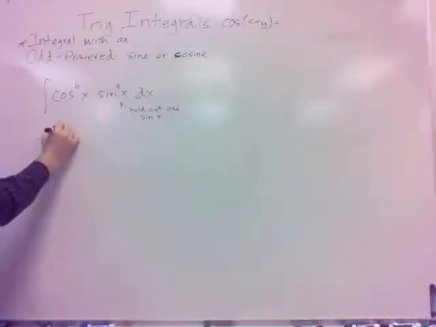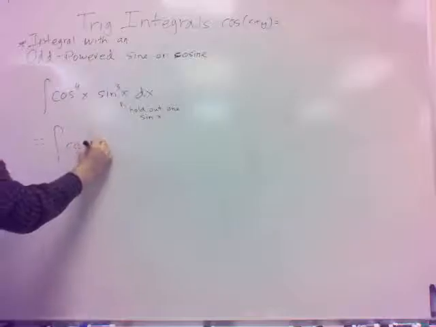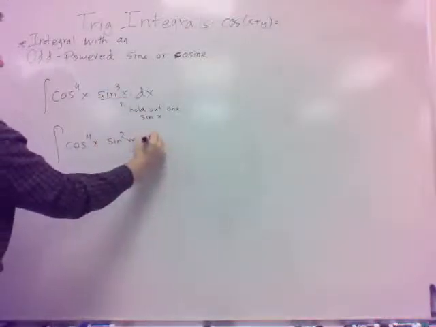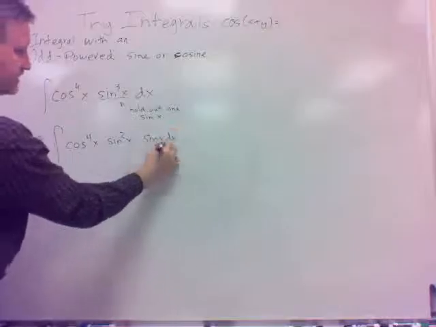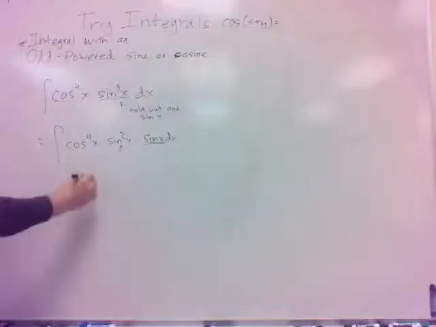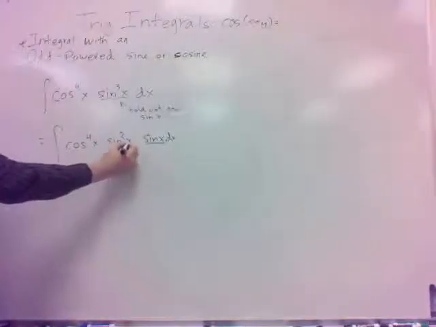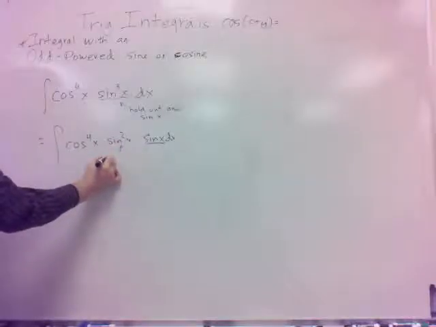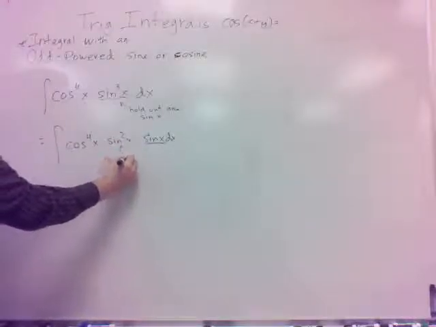I'm going to break this up. I'm going to say cosine to the fourth x times, if I break out a sine of x, sine squared x times sine of x dx, and I'm going to write the sine x over there with the dx. You'll see why in just a second. So I'm going to hold out one of those, and then convert the remaining sines, the sine squared in this case, over to cosines.